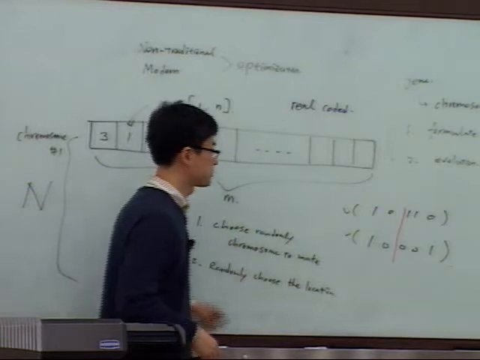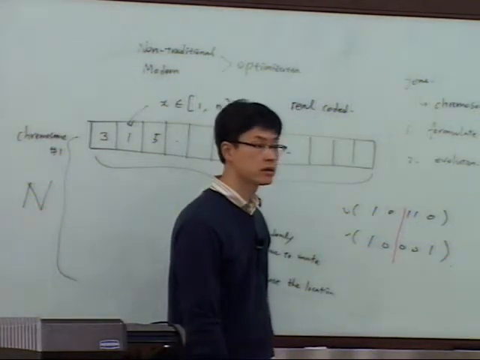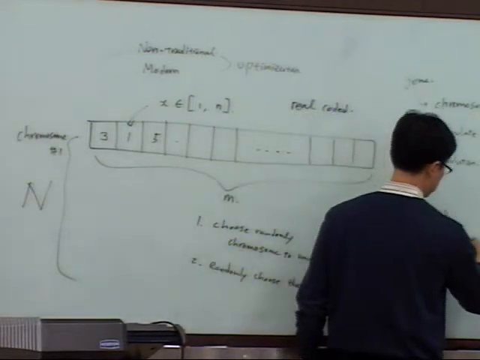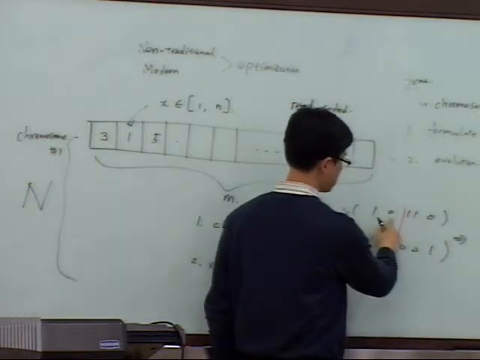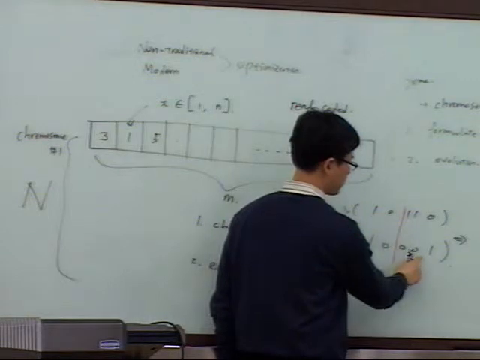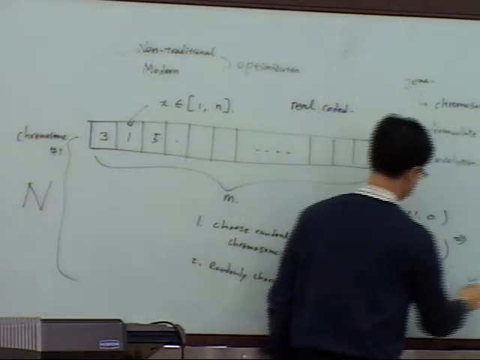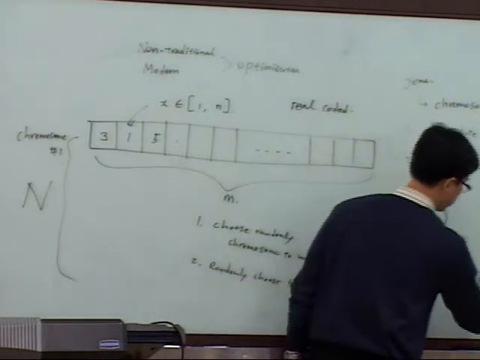Okay, so I randomly choose it, and the next step is crossover. 10001, 10110.